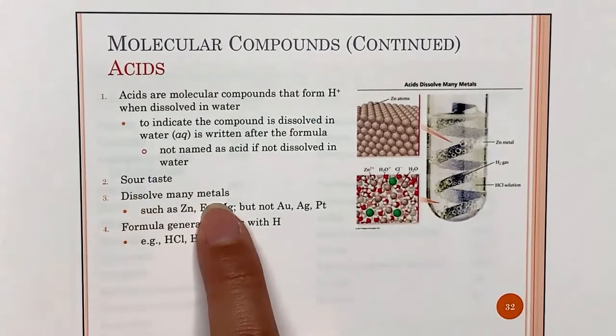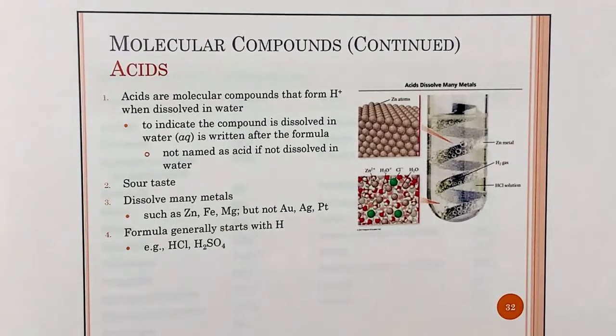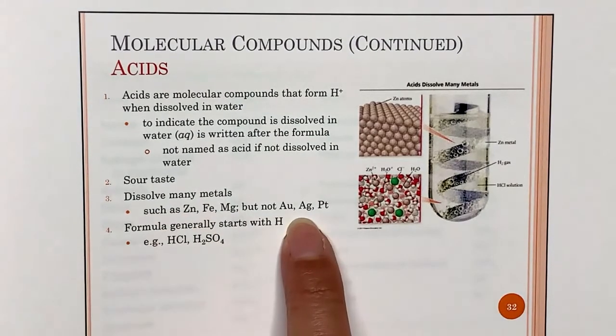Acid will dissolve many metals. You'll see these in some experiments, especially for the first experiment for Chem 1. You have like chemical reactions that you put metals in, and some of the metals will like just disappear, and some of them just sit in there and do nothing. But acids will dissolve a lot of these metals, okay?